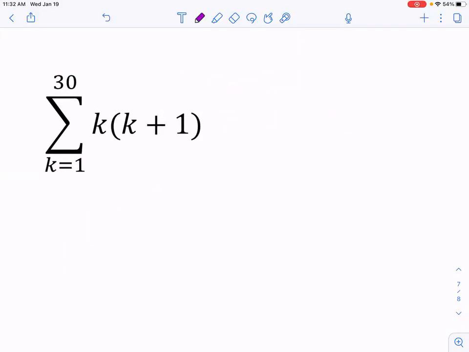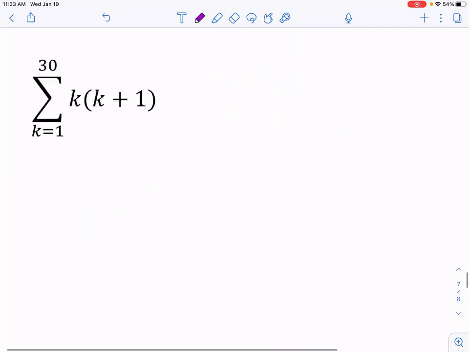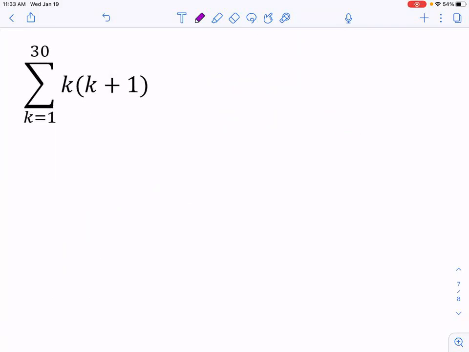Okay, now let's talk about this one. Just write it down, and then we're going to brainstorm what we can do given the information we just went through. I don't see a constant.